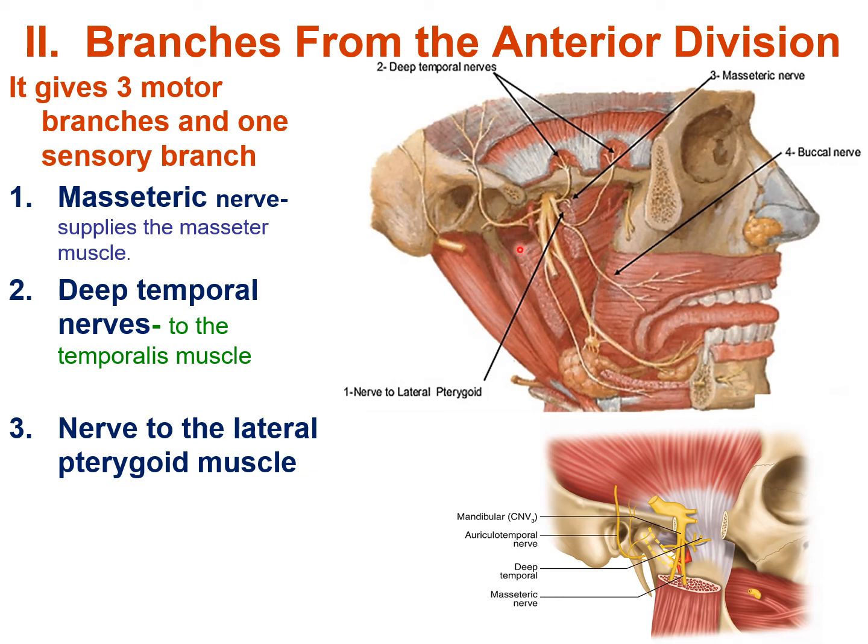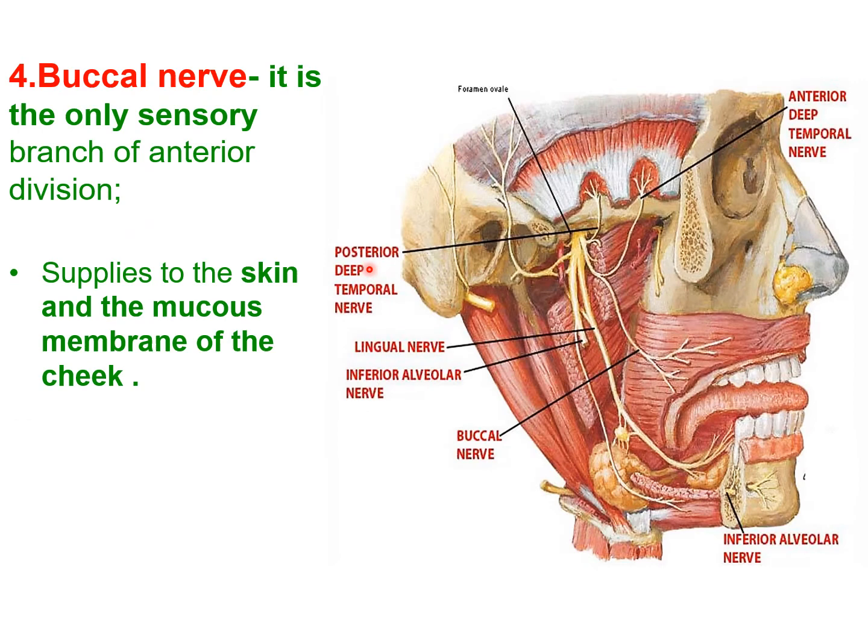Next branch of anterior division are the deep temporal nerves, which are two in number, and they supply the temporalis from the deeper surface as it passes between the temporal fossa and the muscle. Third motor branch of the anterior division is the nerve to lateral pterygoid muscle. The fourth branch that arises from the anterior division of mandibular nerve is the buccal nerve.